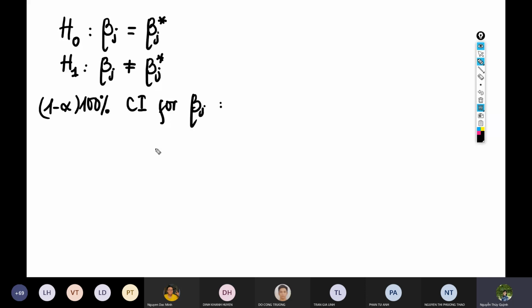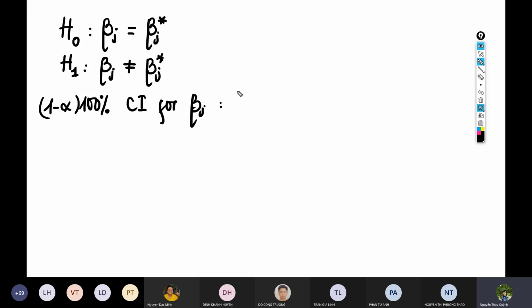Do you still remember the formula for the (1 minus alpha) times 100% confidence interval for beta j?